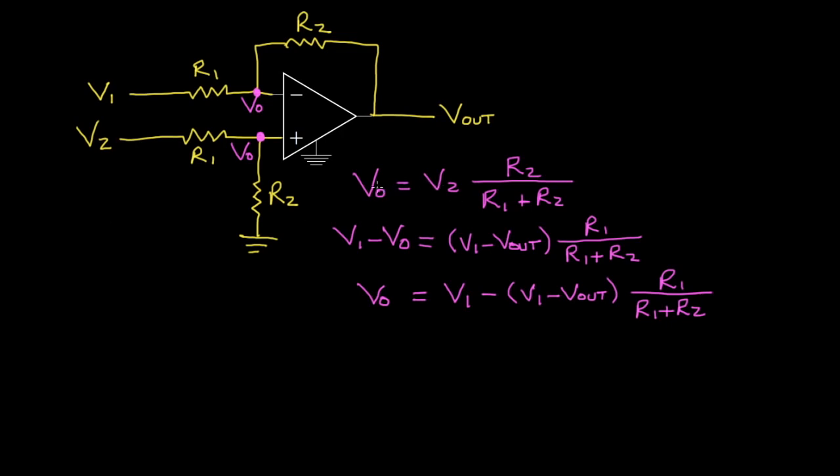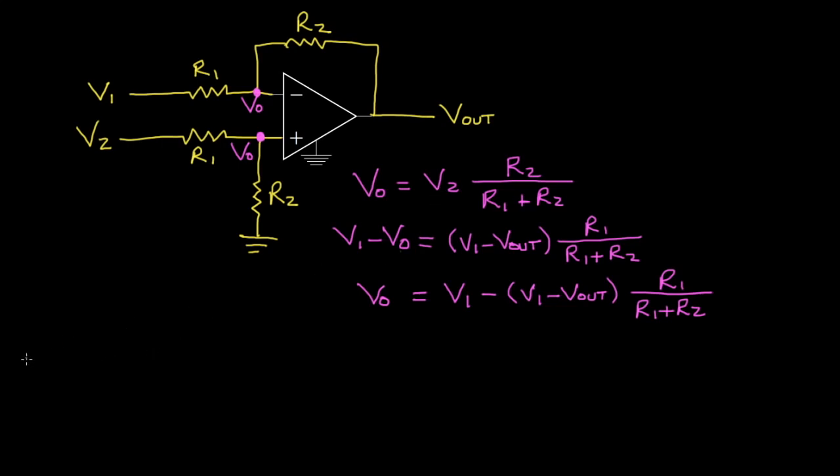So now I have an expression that says V0, this intermediate voltage, is V2 times R2 over R1 plus R2, but it's also V1 minus V out times R1 over R1 plus R2. So I'll equate those two expressions and see if I can get an expression for V out in terms of V2 and V1, the two inputs.